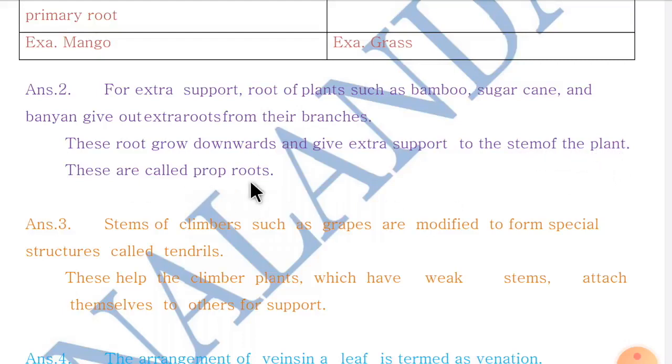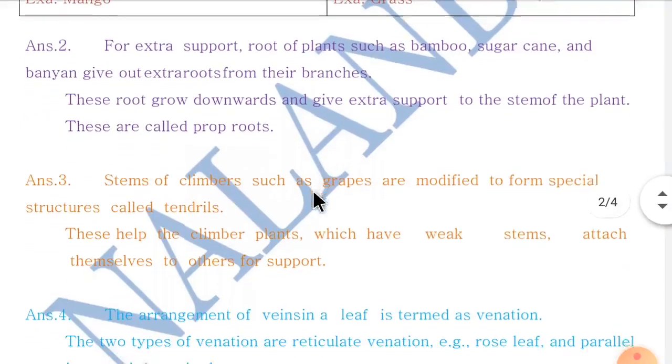These are called prop roots. I repeat, for extra support, plants such as bamboo, sugarcane and banyan give out extra roots from their branches. These roots grow downwards and give extra support to the stem of the plant. These are called prop roots.